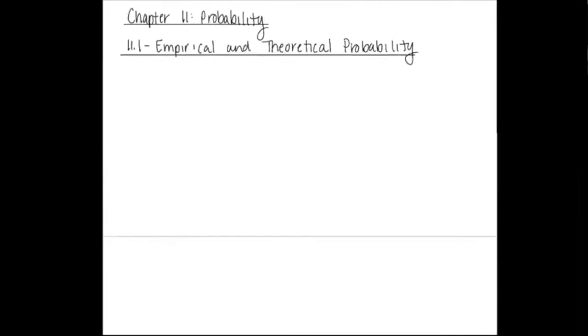So ultimately, an experiment is a controlled operation that yields a set of results.